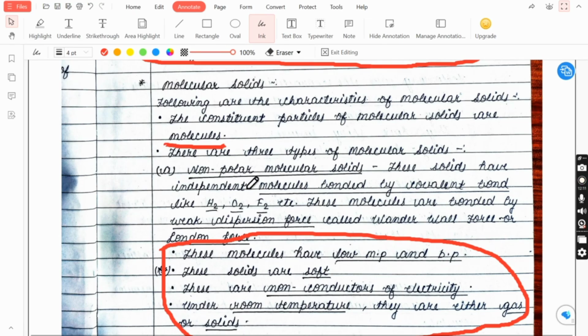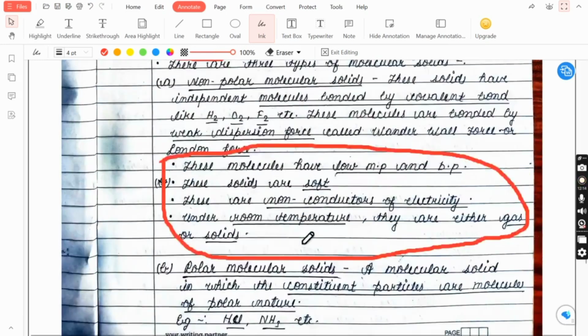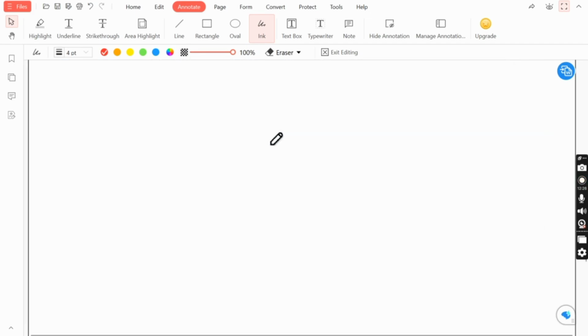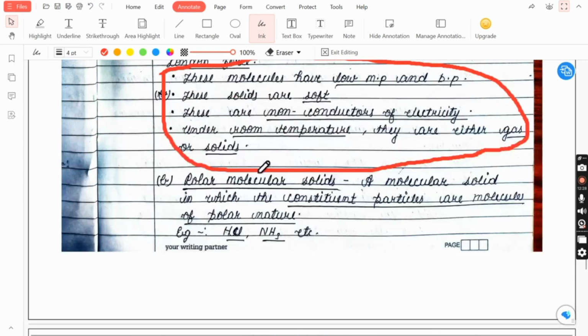One is non-polar bond and one is polar bond. Non-polar bond and polar bond you might have studied in the previous lectures. I'm not going to detail right now. So the solids which are constituted by non-polar bonds will be termed as non-polar molecular solids, like H2, O2, F2, and the solids which are constituted by polar bonds, like HCl, NH3, will be termed as polar molecular solids.